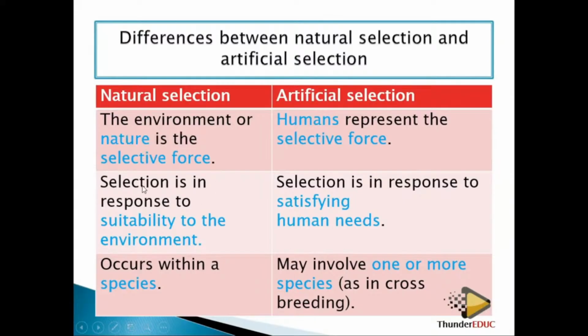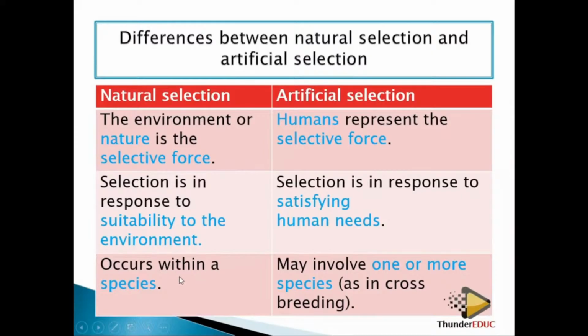And then number two, selection is in response to what suits the environment. Which character can survive in the environment, while here it satisfies human needs. It's not about which character is suitable in the environment, no, it's what sustains human needs.